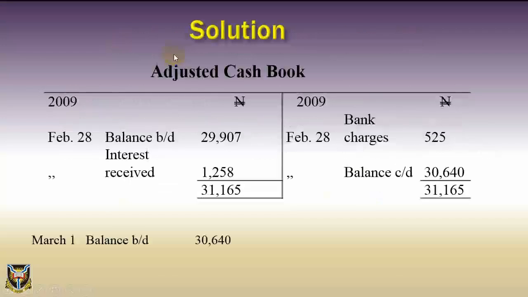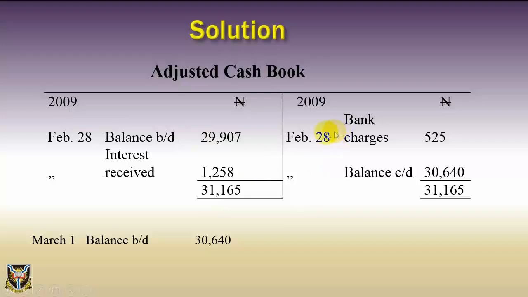Solution. Adjusted cash book 2009. February 28. Balance B/D 29,907. Interest received 1,258. Total 31,165.